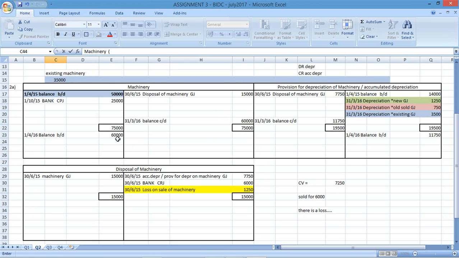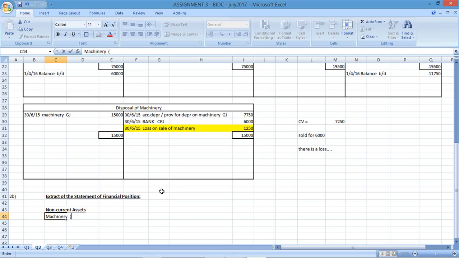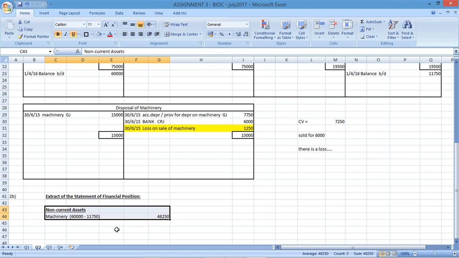Yeah, 31st March 2016, which is the end of the year. We would then show 60,000 less the balance that we had there, which was 11,750, close brackets, and I would be disclosing an amount of, well, this less that gives me 48,250, and this is what you would show as an extract in your non-current asset section of your statement of financial position.